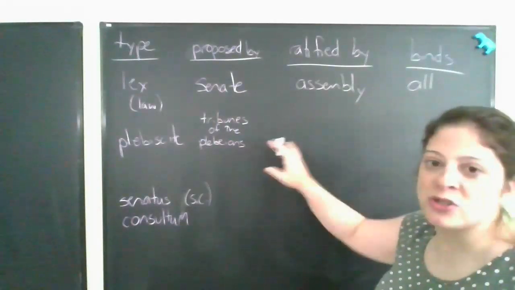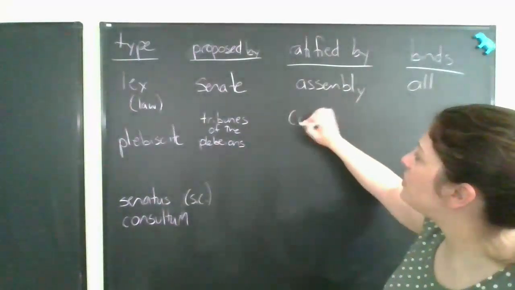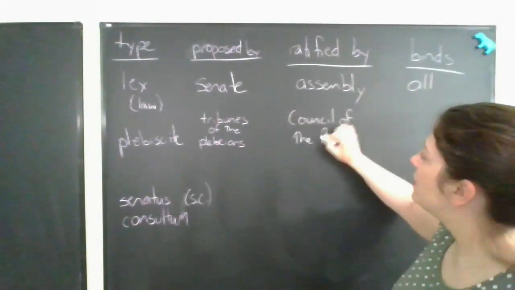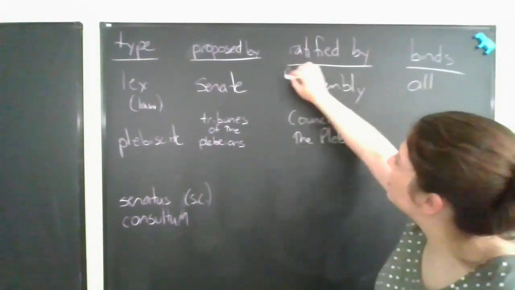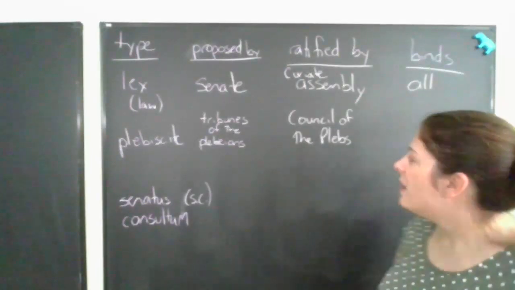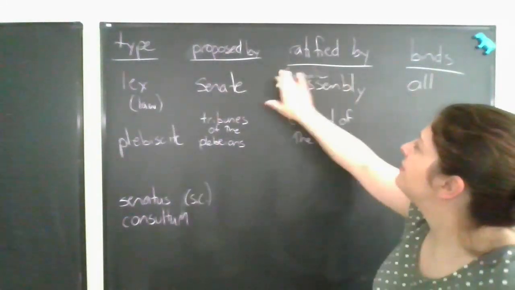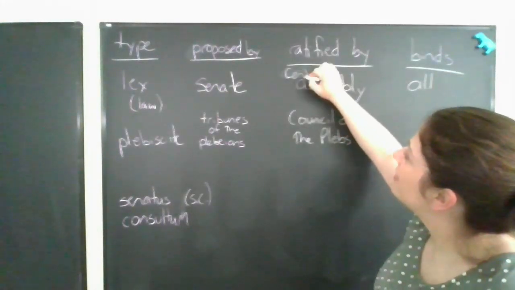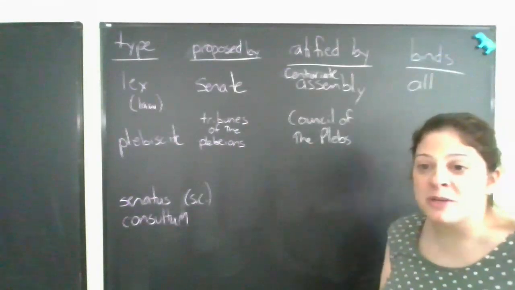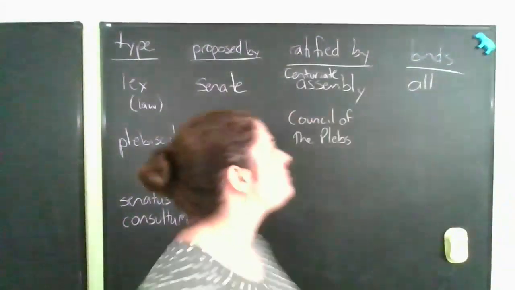So their proposals are voted on by the Council of the Plebs. Maybe I should specify here, it's the centuriate assembly that votes on laws. Too many assemblies in the Roman world. And so the Council of Plebs votes on it and ratifies it.